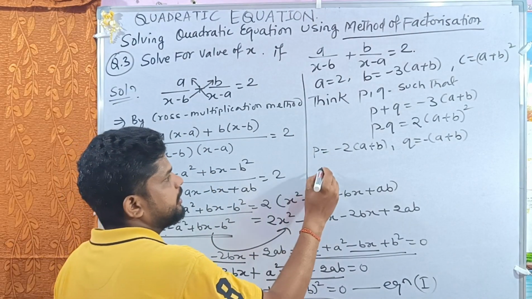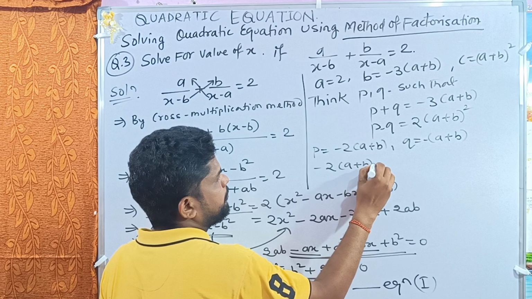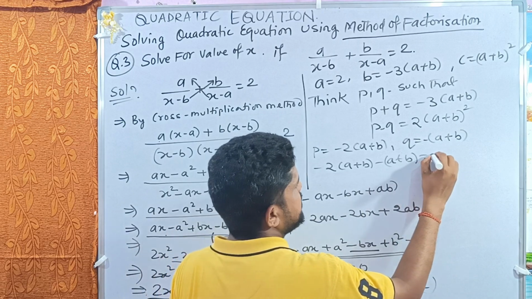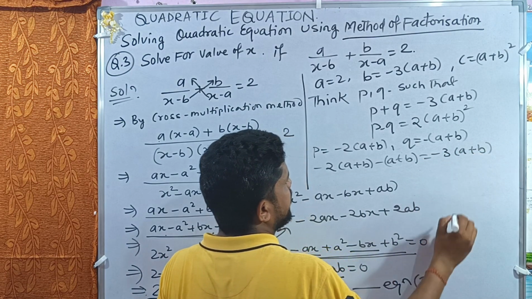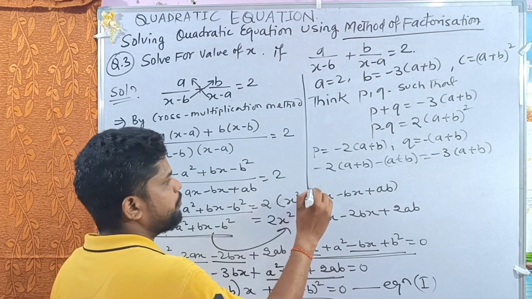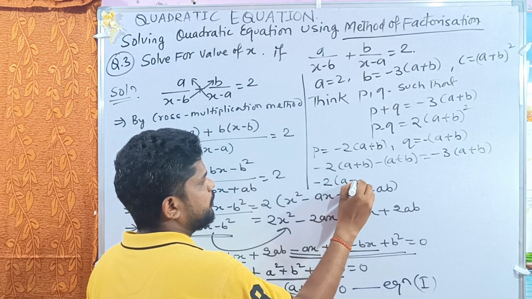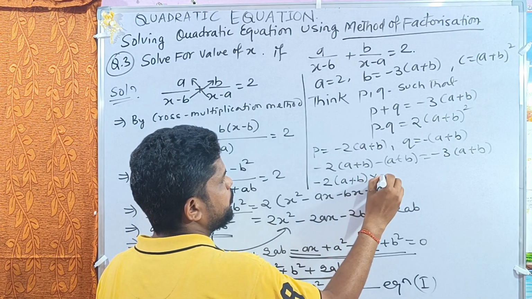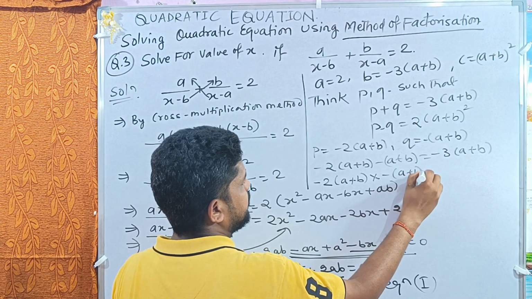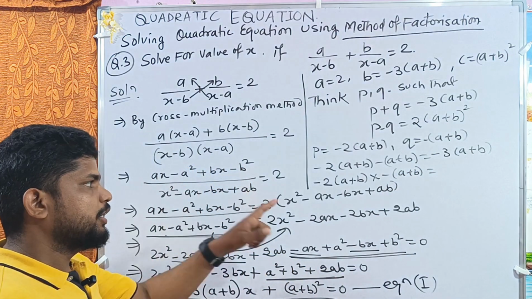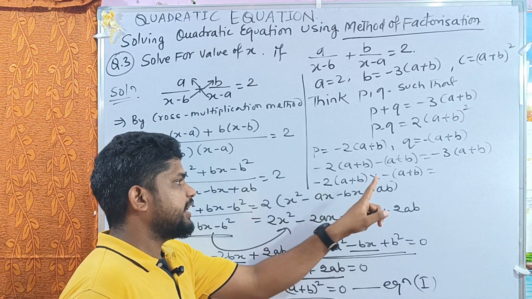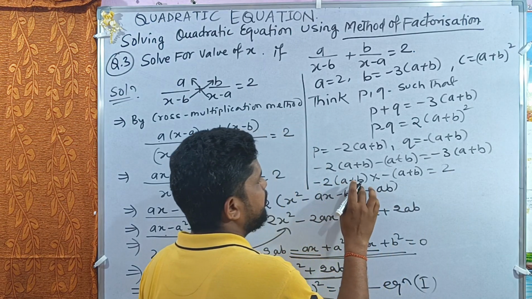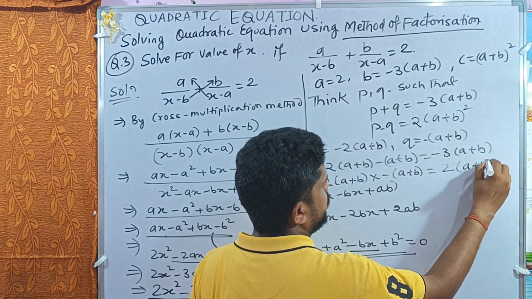I will get minus 2(a plus b) minus (a plus b), which is minus 2 minus 1, that is minus 3(a plus b). At the same time, if we do the product, minus 2(a plus b) into minus of (a plus b), since both are negative it will be positive, so it will be 2 into 1 is just 2, (a plus b) whole square.